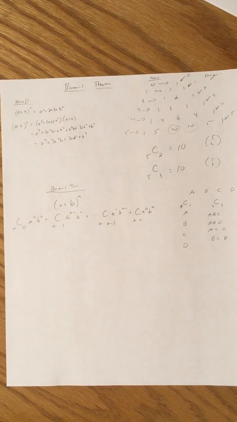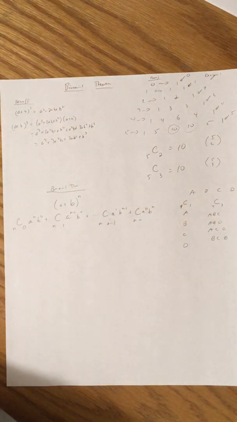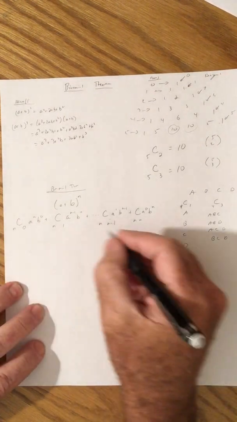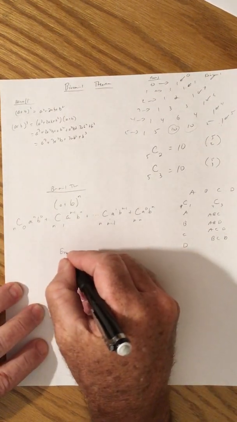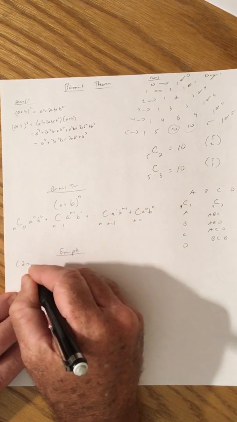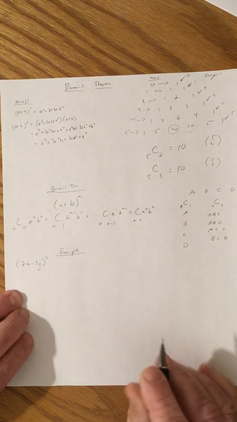Let's see, let me find my example so I don't screw this up. I like to do an example that's got all of the complications in it. All right, here we go. (2x² minus 3y³), and this will be more complicated than anything you do tonight.